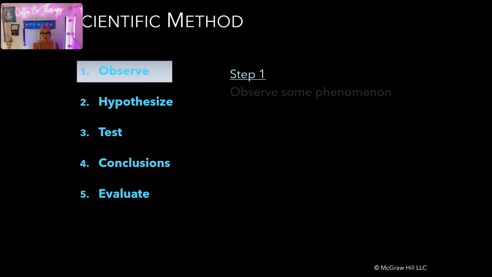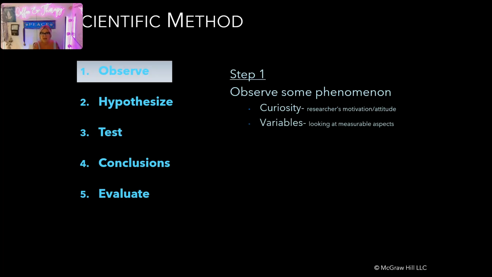All right, so when we observe, that's step one. You're going to observe some phenomenon. You're curious, right? You have to have that curious brain. So, researchers' motivation and attitude towards this phenomenon. You're going to have variables, and you're going to be looking at what's measurable.